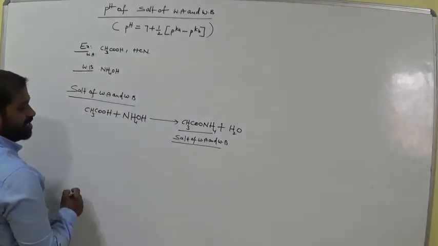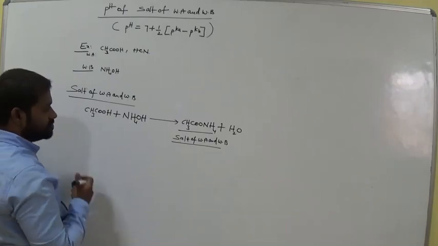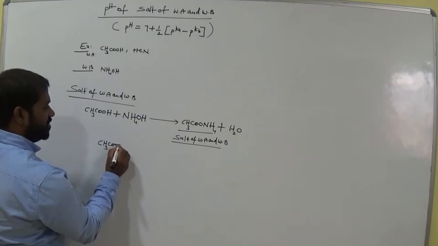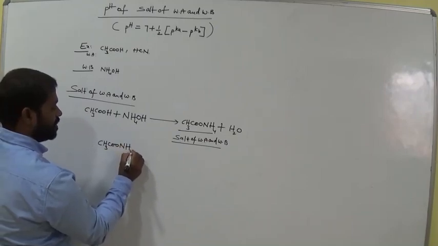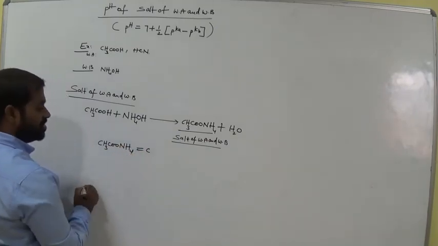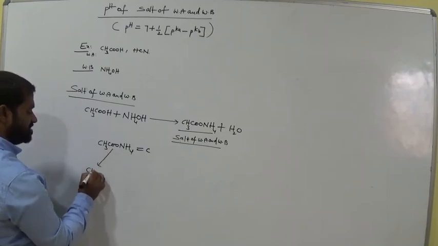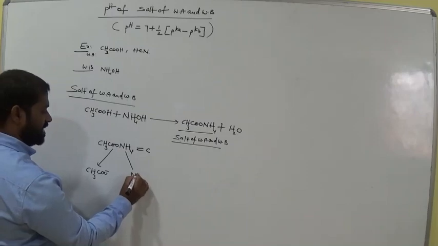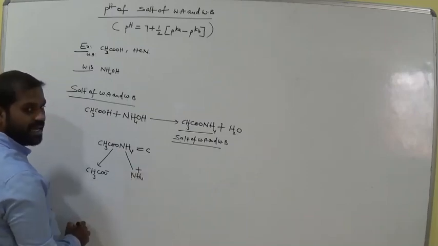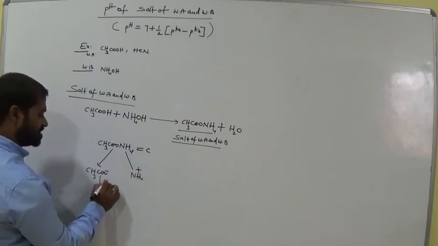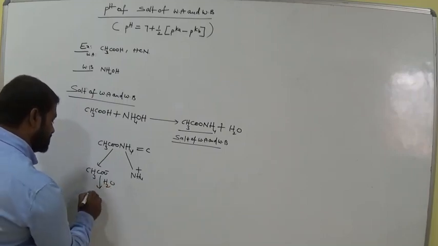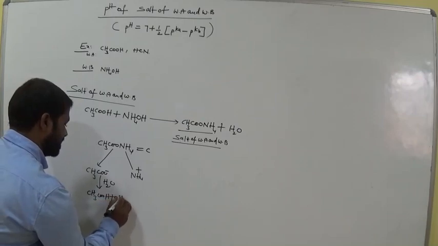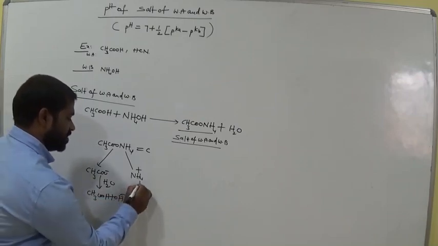Now CH3COONH4, how is it ionized? CH3COO minus and NH4 plus, am I right? Now this anion undergoes hydrolysis. What does it give? CH3COOH and OH minus.